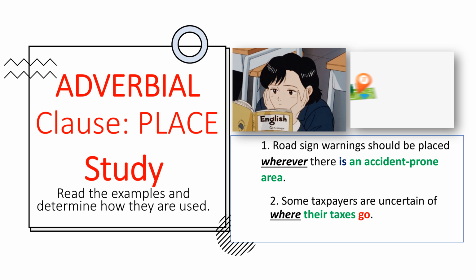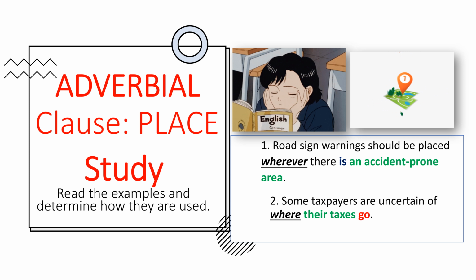So where do their taxes go? Do their taxes go to improving the infrastructure? The medical facilities? The system of education? The lives of the people, etc.? So again, the adverbial clause of place signifies the position or location of something.